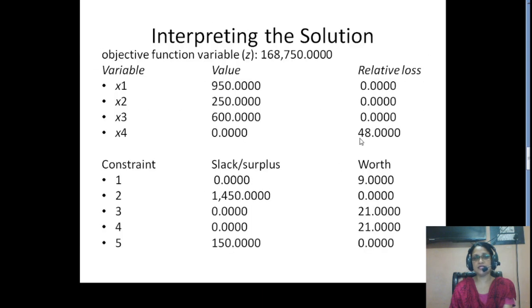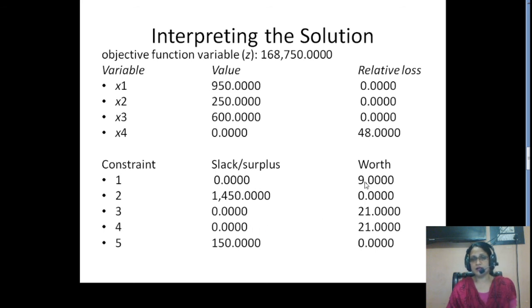So students, it is left with the relative loss and worth. See students, I have explained the shadow price in the previous lecture, right? The shadow price is basically the incremental value which you get after buying 1 unit of your slack variable. So we have three constraints with zero slack, like cutting time, finishing time, and the production of small table, right?